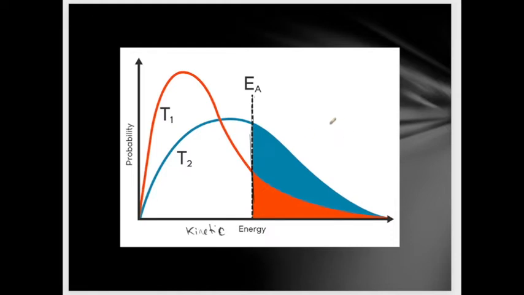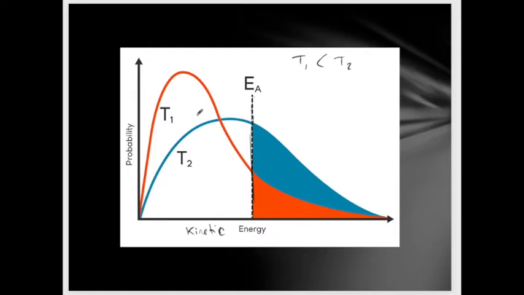So what can I do to cause more particles to overcome that threshold? What can I do to shift this graph? Yeah, remember that in order to shift the graph, I can heat up my system. I can increase the temperature. So here you can see T1. T1 is a lower temperature than T2.